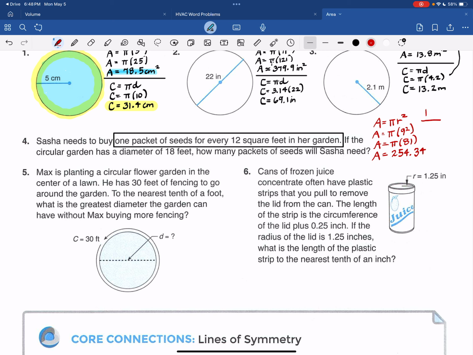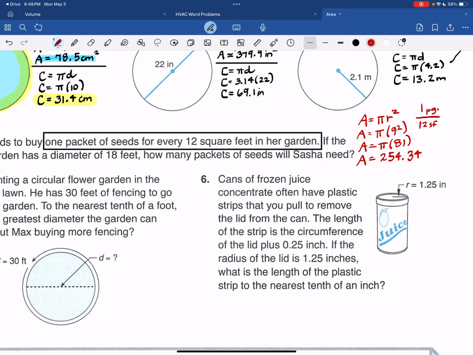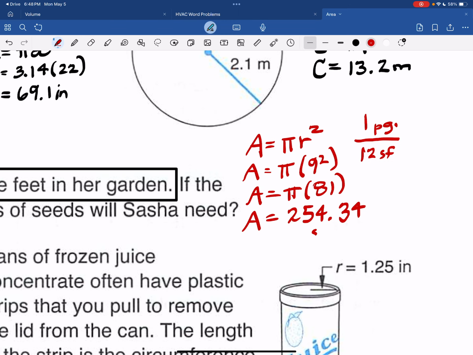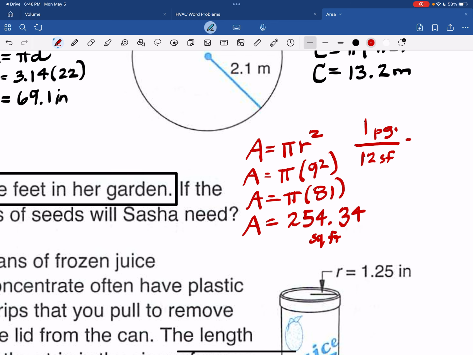You know that 1 pack of seeds does 12 square feet, and we have this many square feet. That's why it's important to use units. One reason it's important. So 254.34 gets multiplied.